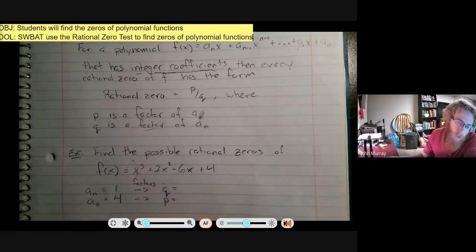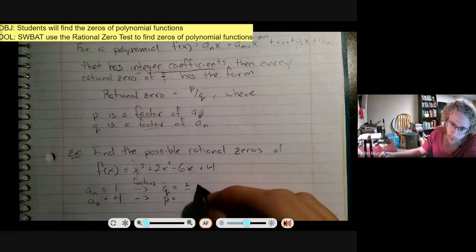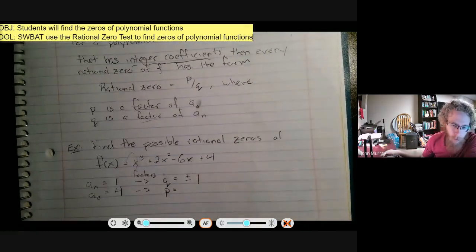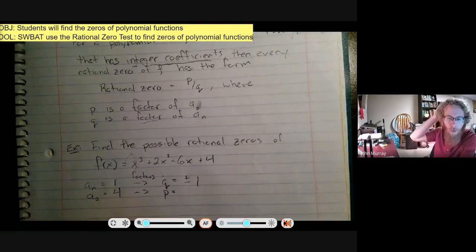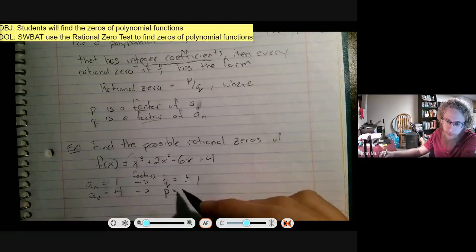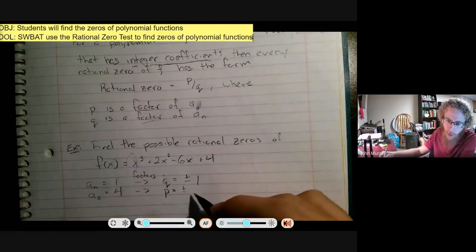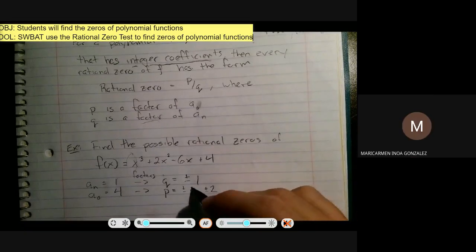So what are the factors of 1? Well, that's going to be a positive or a negative 1. Those are the only factors of 1. What are my factors of 4? What multiplies to 4? 2 and 2, and 1 and 4.